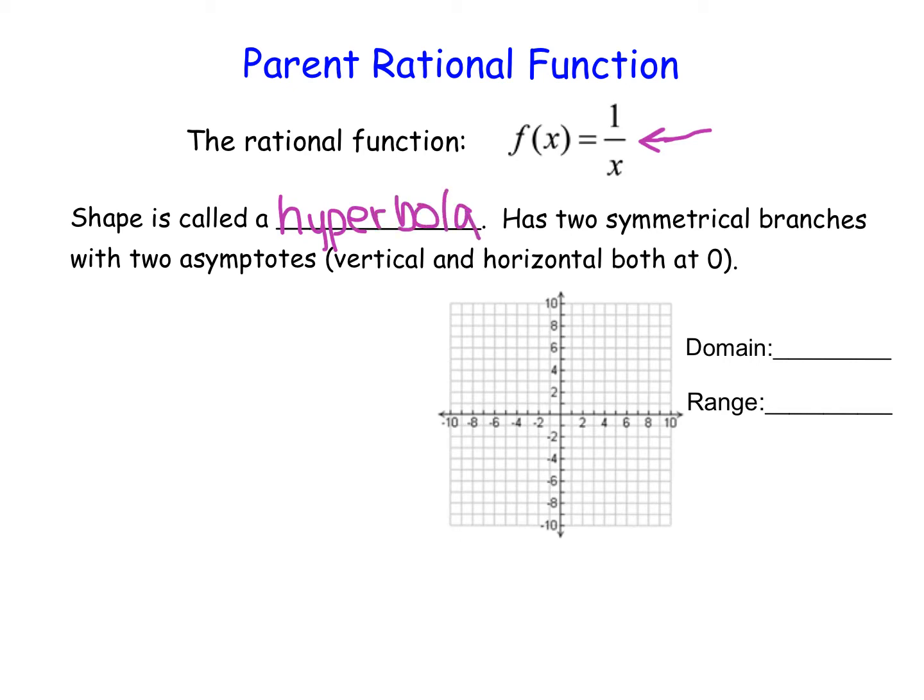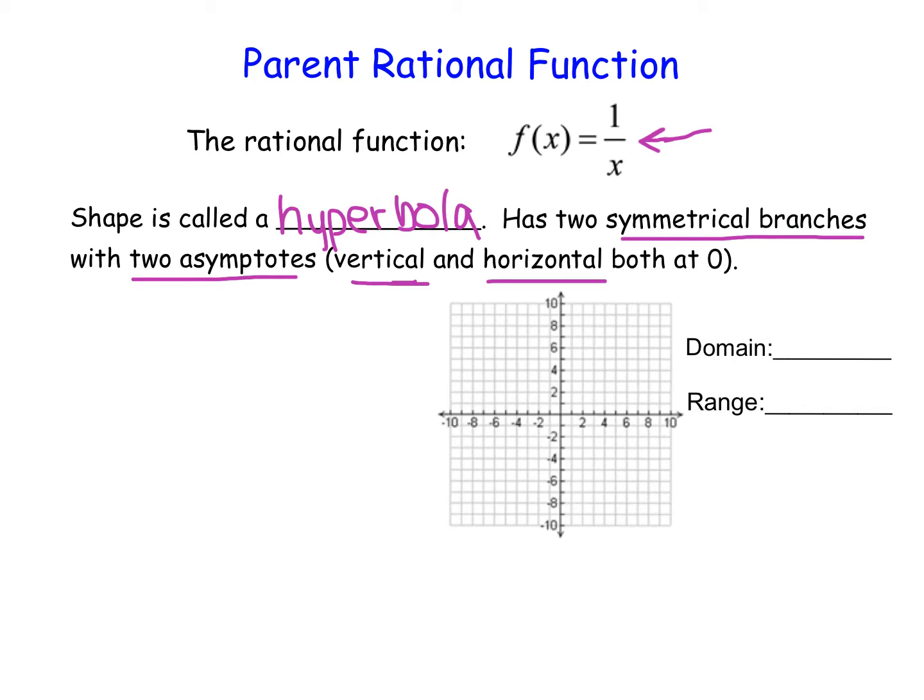It's going to have two symmetrical branches, and it's also going to have two asymptotes, one vertical and one horizontal, and you're going to see that they both happen at 0.